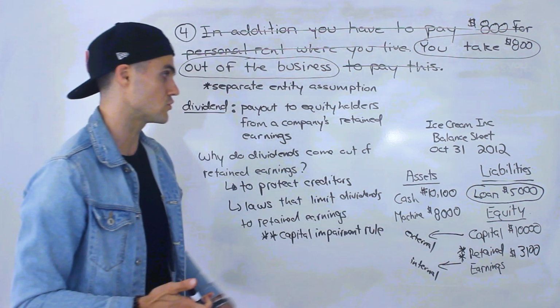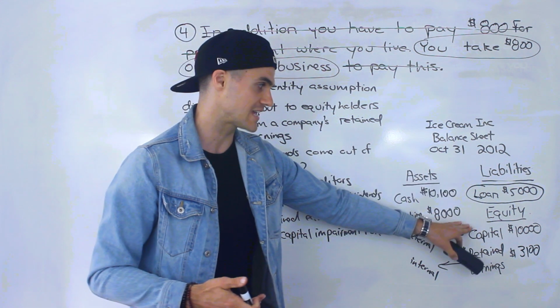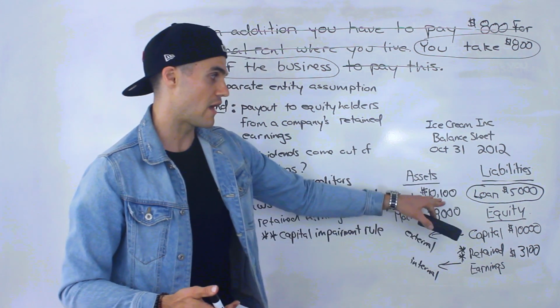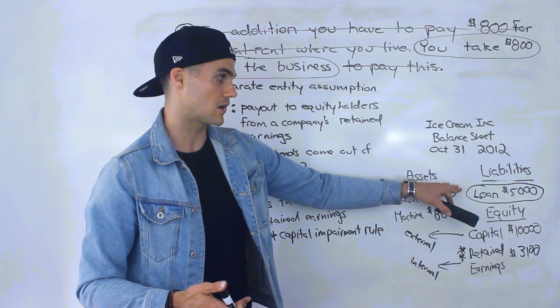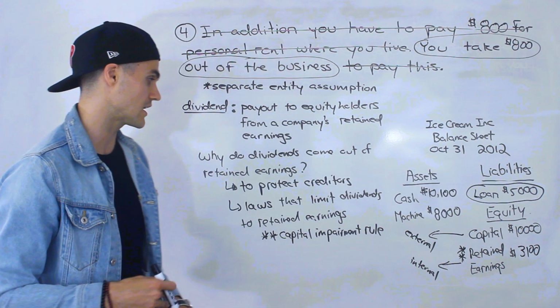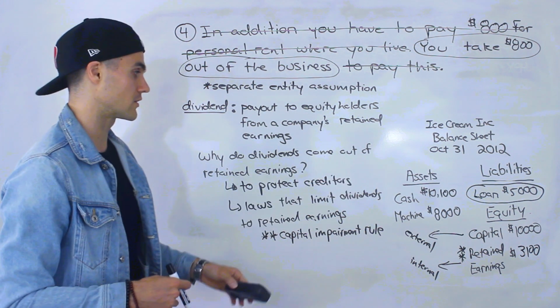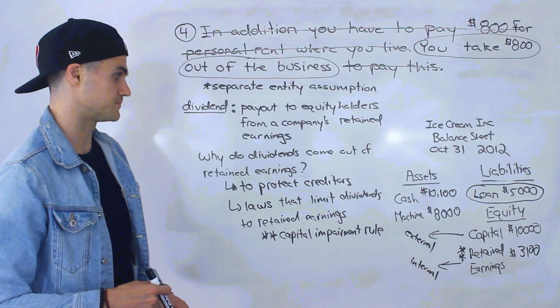Right, it is to protect these creditors, because if you start taking it out of the capital, then the risk of default on this loan starts to increase, and it starts to put creditors in danger. So they put laws that protect those creditors in corporations.